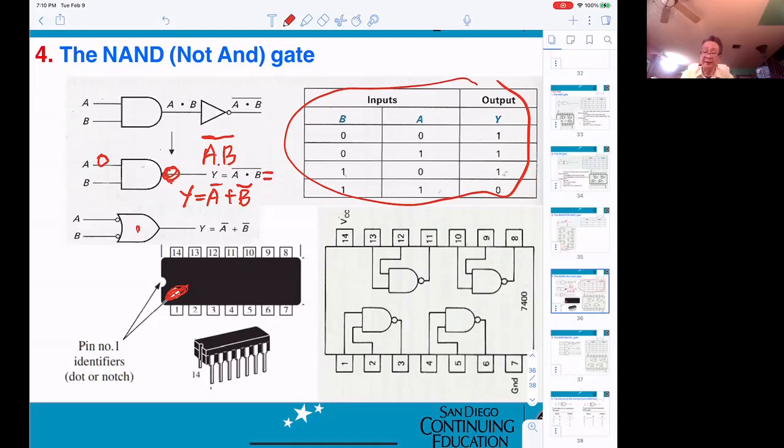Why? The thing is y equals not A or not B. If A equals 0, not A equals 1, and 1 ORed with anything must be 1. Okay, and this is the second symbol.